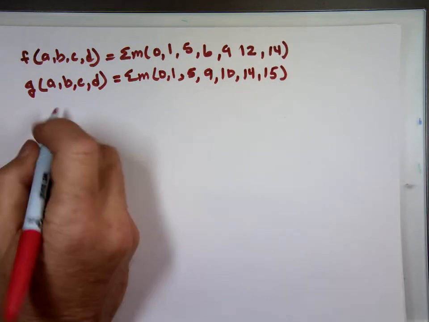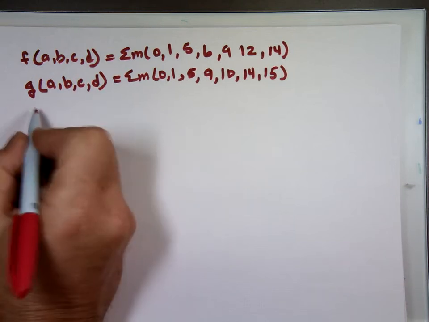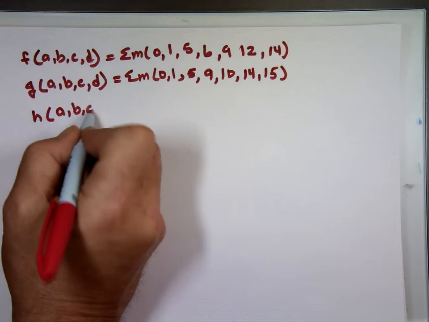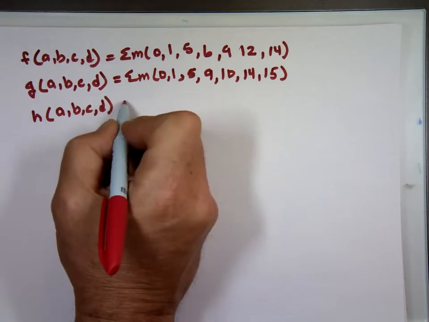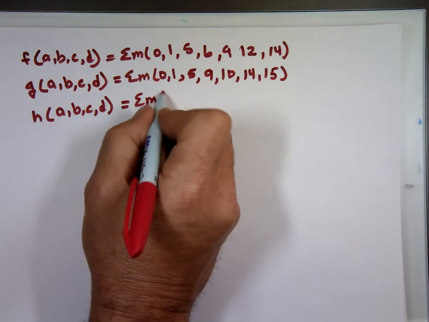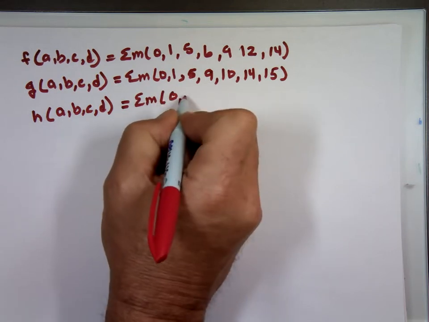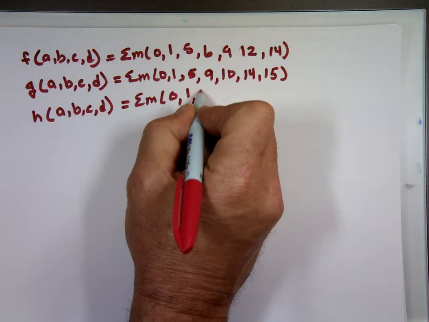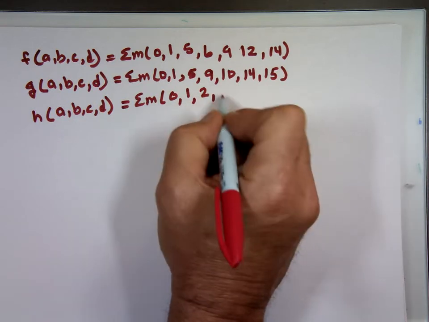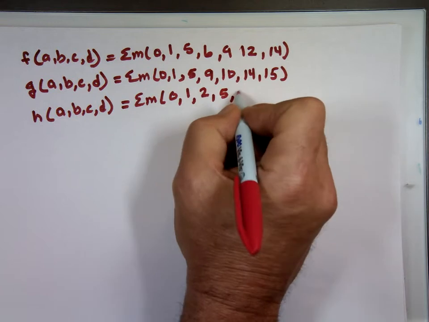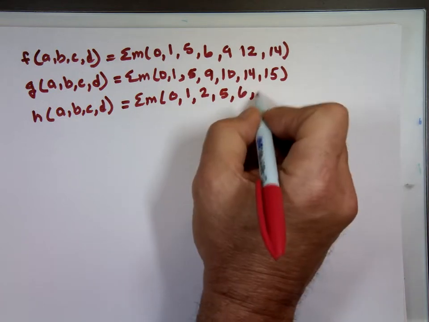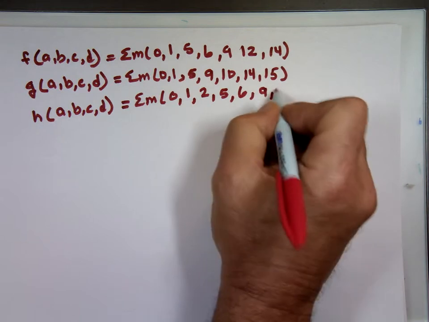And let me look at an H. The minterms of 0, 1, 2, 5, 6, 9, 10.